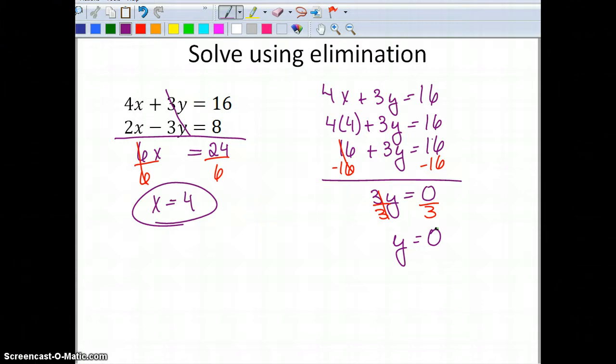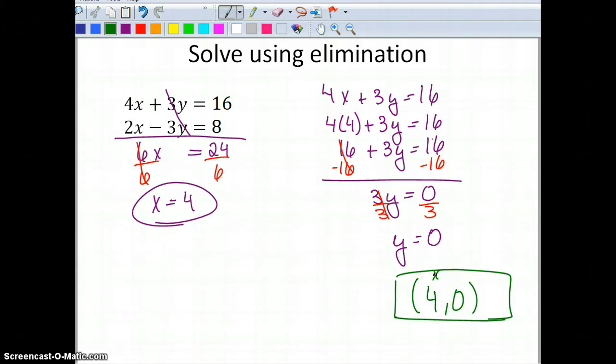So my solution for this equation is the coordinate 4, 0. Now if I want to check it just to be sure, I'm going to plug the x value in for x, the y value in for y, and double check in both equations.